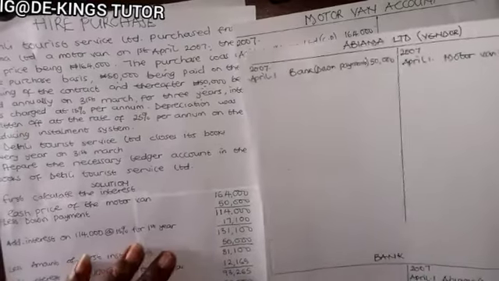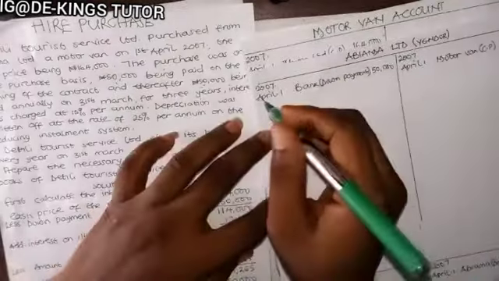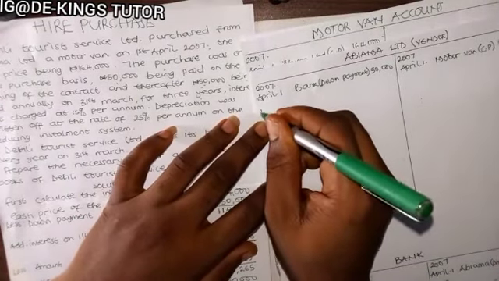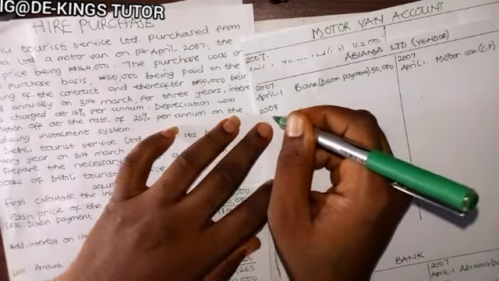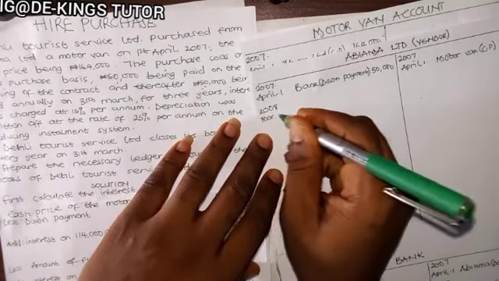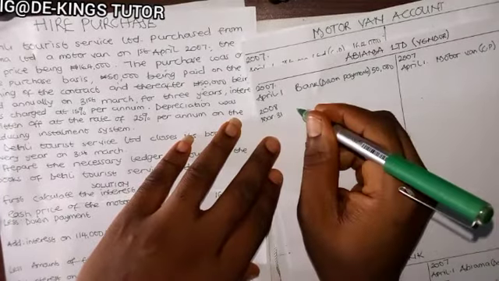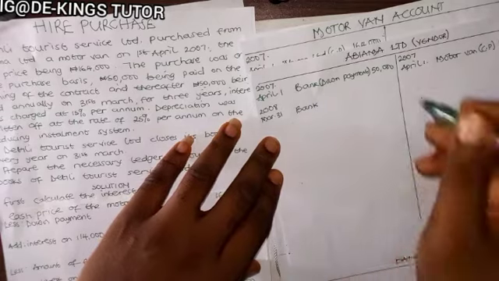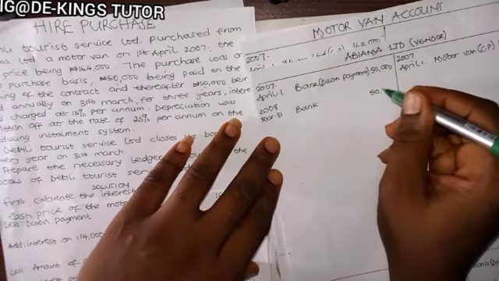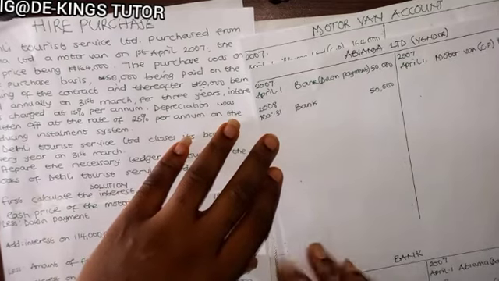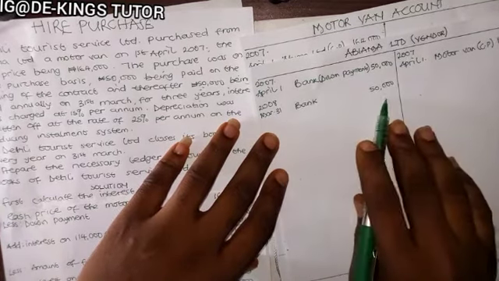Okay, so since it is 50,000, then we'll come here, 2008, March 31st, bank, 50,000. Okay, since it is 50,000, they've received.